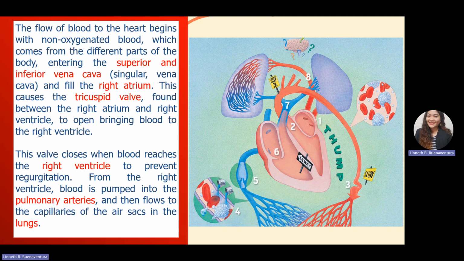There is a rule for you to remember: all of the arteries are responsible for pumping blood away from the heart, except for the coronary arteries, because coronary arteries are responsible for supplying the heart itself.